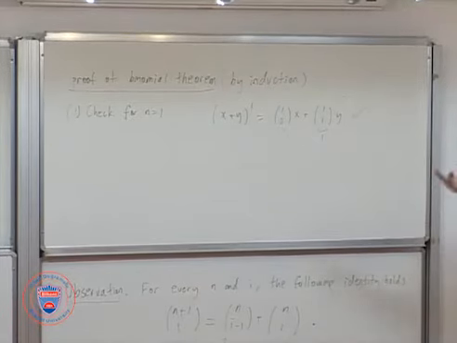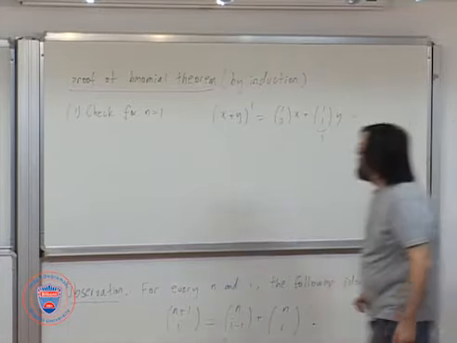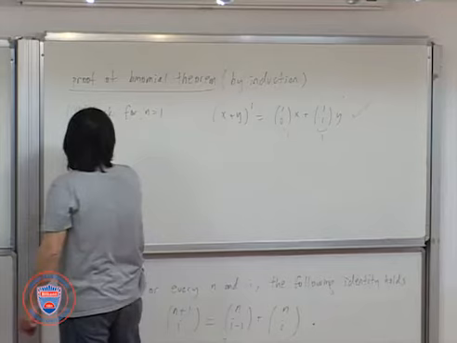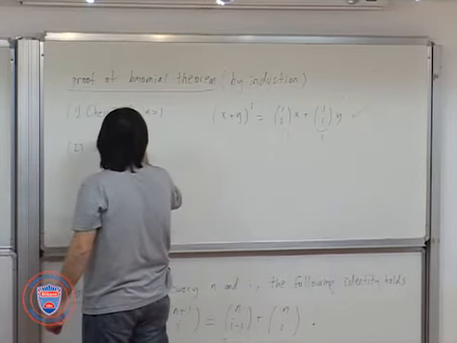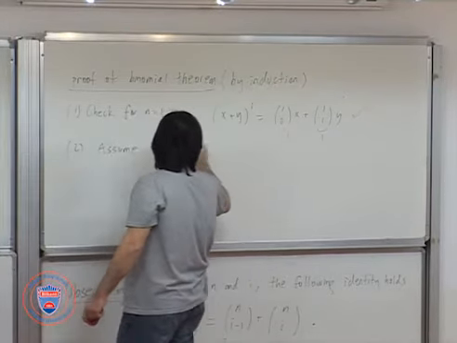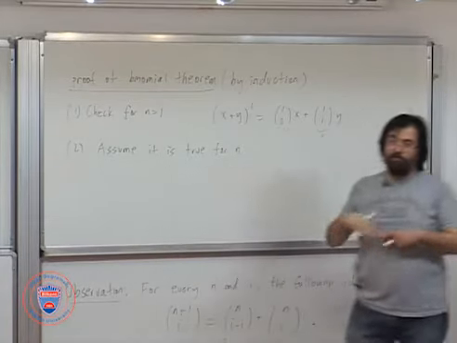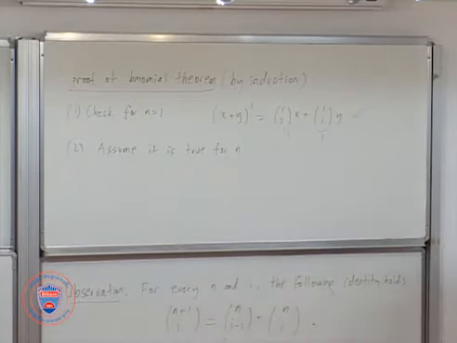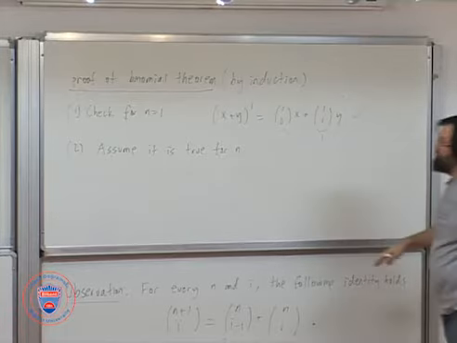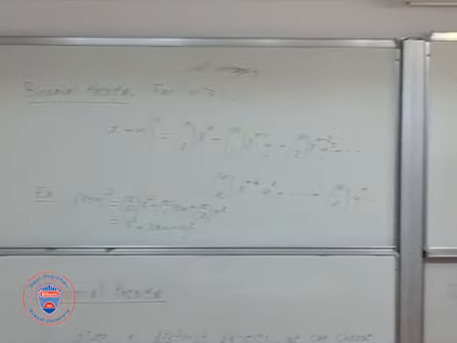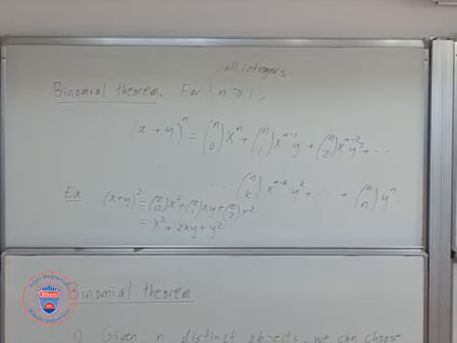And the first power of anything is itself. So now I assume it's true for n. Now we want to show it for n plus 1. I can assume this is true for n, and now I want to prove the next one.